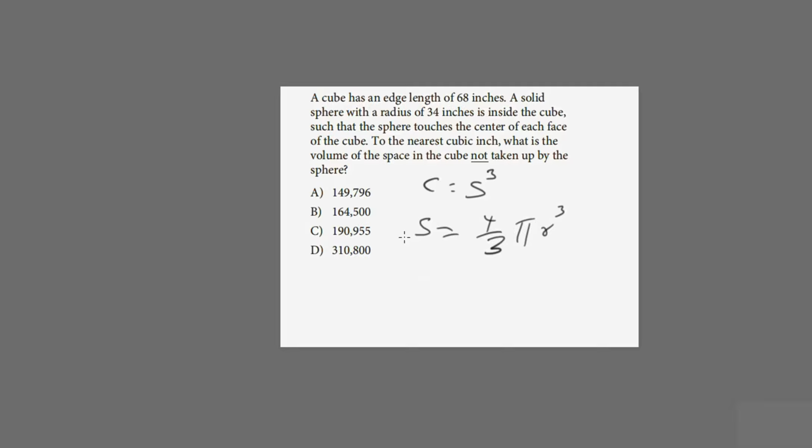To get the volume of the space in the cube not taken up by the sphere, we're going to subtract the volume of the sphere from the volume of the cube. So the volume of the cube: the cube has an edge length of 68 inches, so the side length is 68, so this will be 68 cubed, minus the volume of a sphere, so we have 4/3 pi.